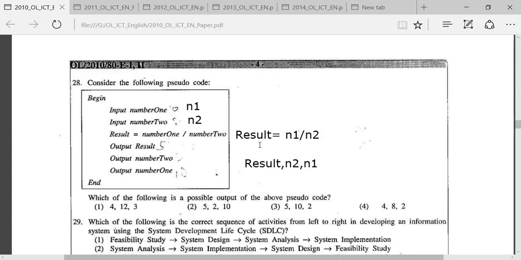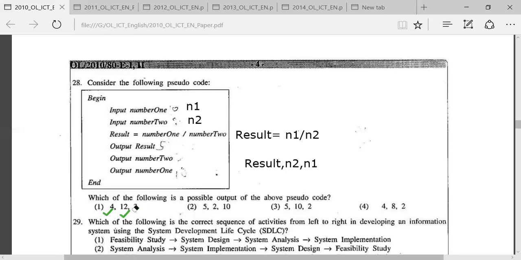So here, the first one, which one? This one must be the result from n1 divided by n2. n2 is this one, n2 is this one, right?